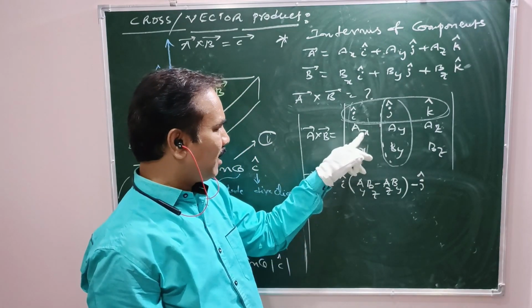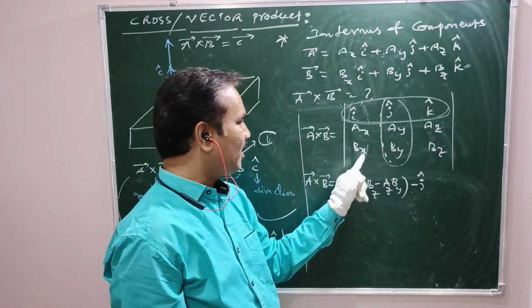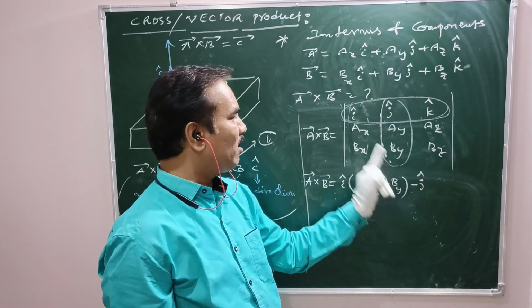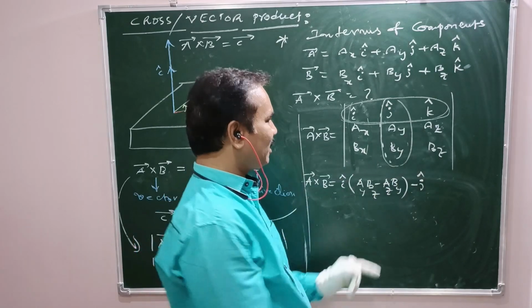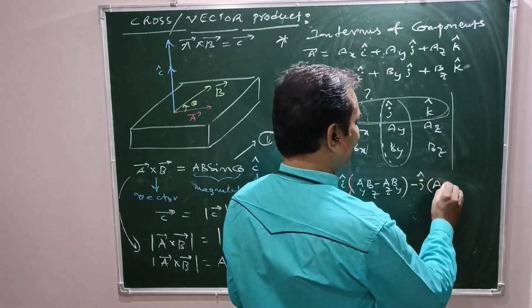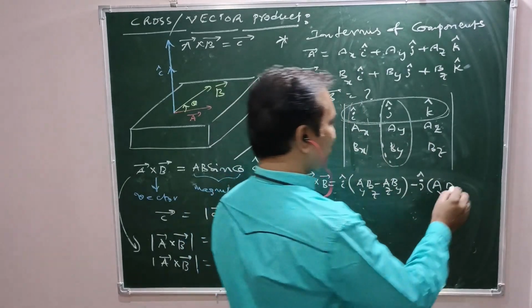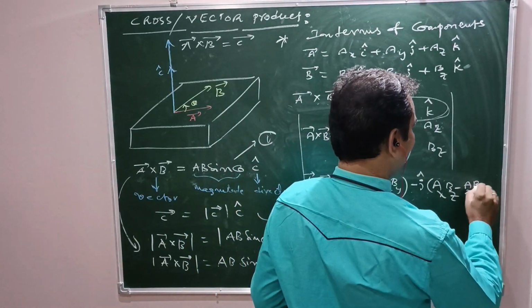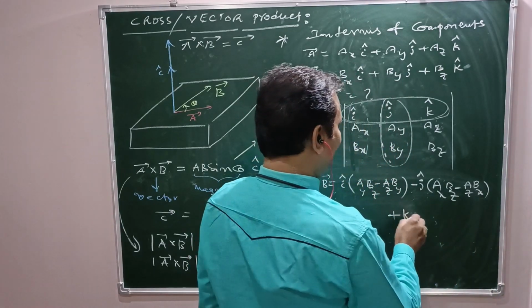Now label as A, B, C, D, once again. Now minus J cap into AD minus BC. That is AX, BZ minus AZ, BX. Okay. Plus K cap into.